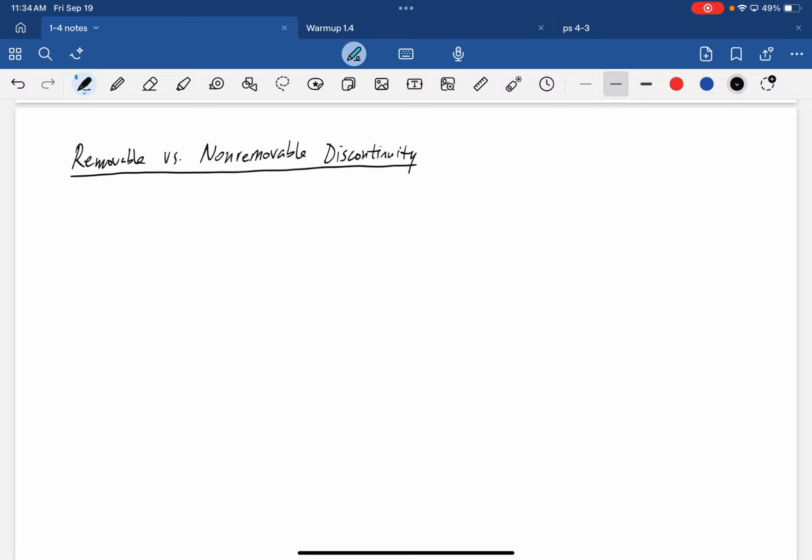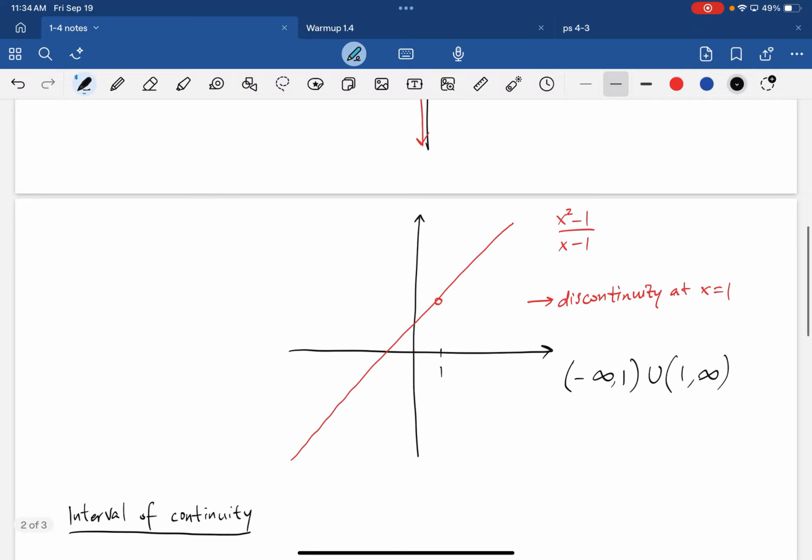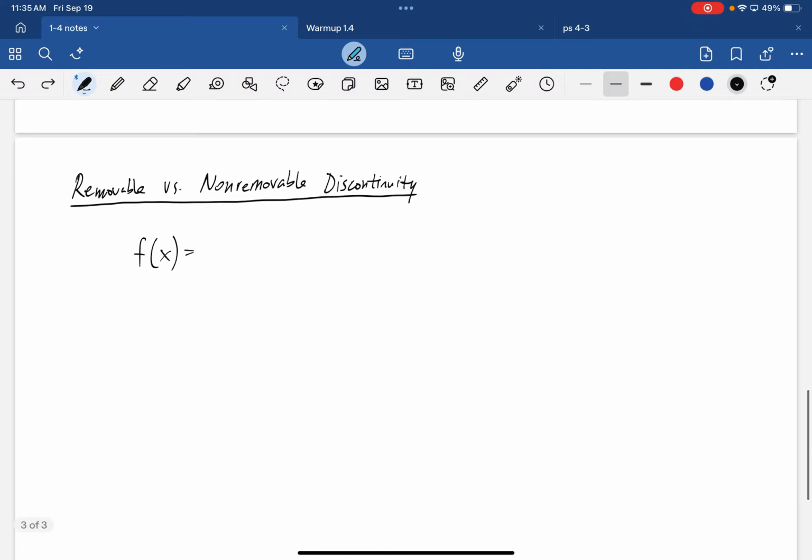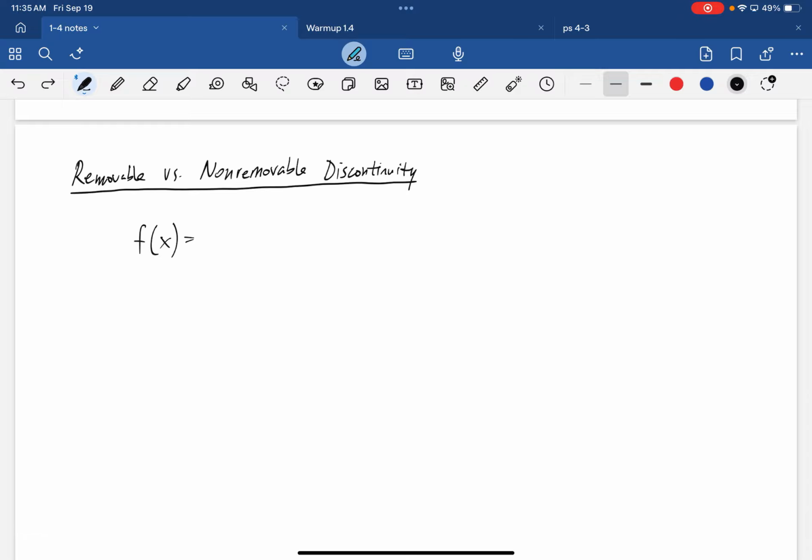Basically, a discontinuity is removable if you can get rid of it really easily without significantly changing the graph or the function itself. Okay, I'll give you one example. The one that we looked at right before this, what was it? This one? This discontinuity is actually a removable discontinuity, and I'll show you why. The function was f of x equals (x squared minus 1) over (x minus 1), right?